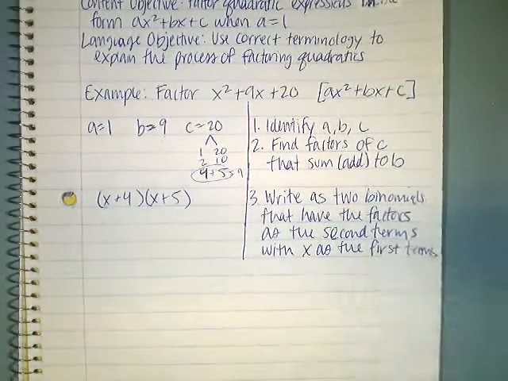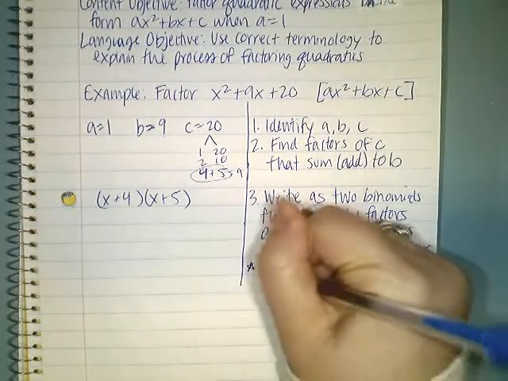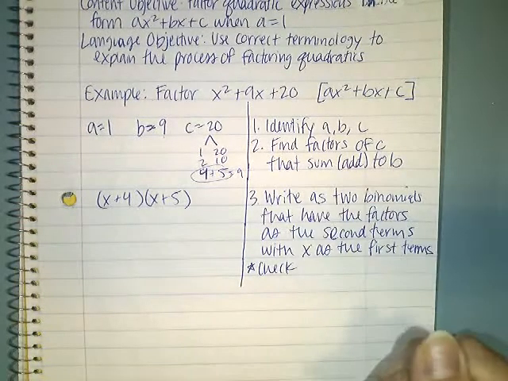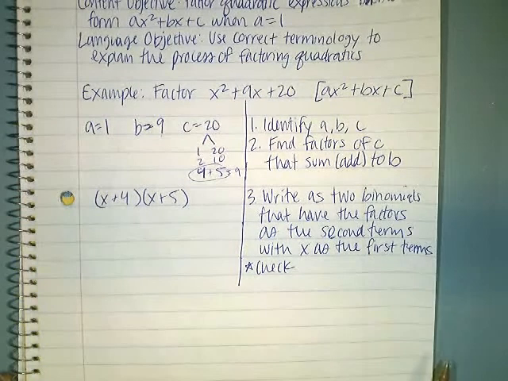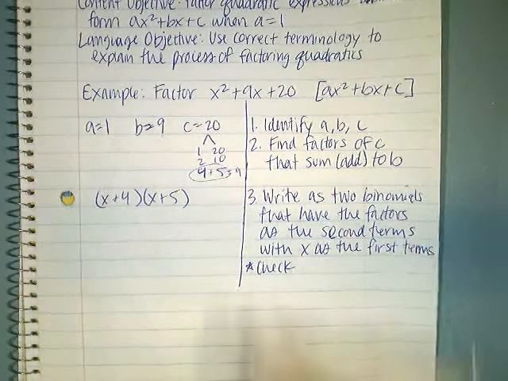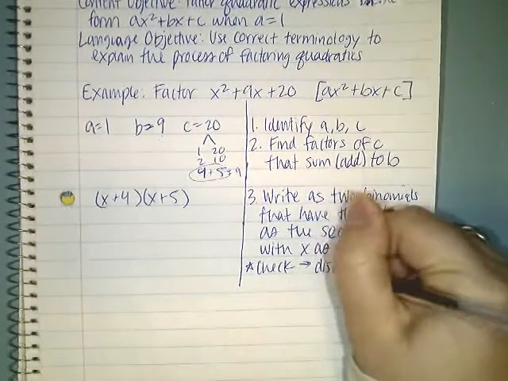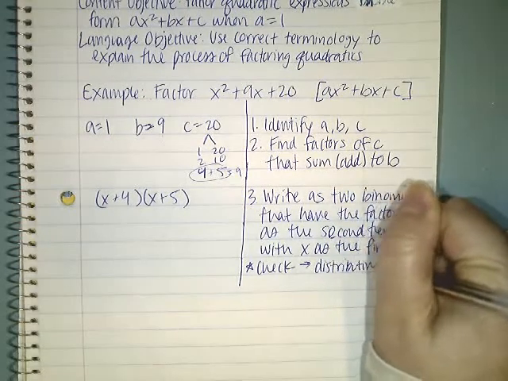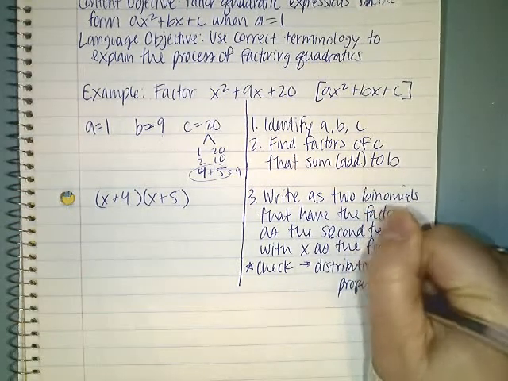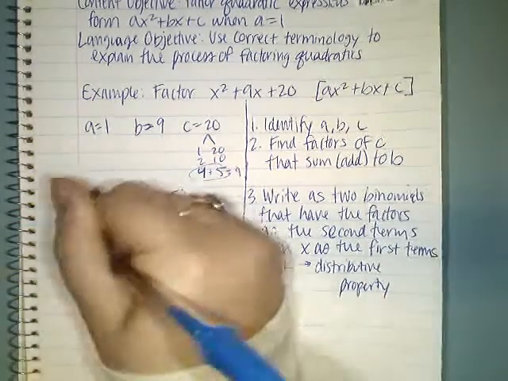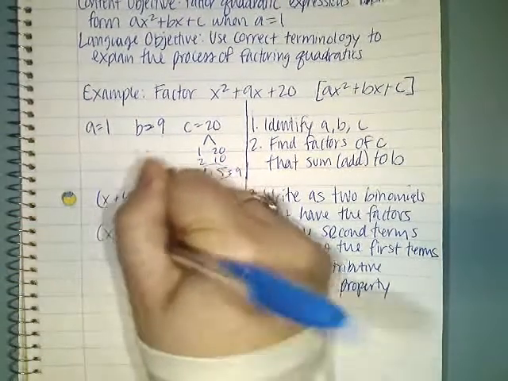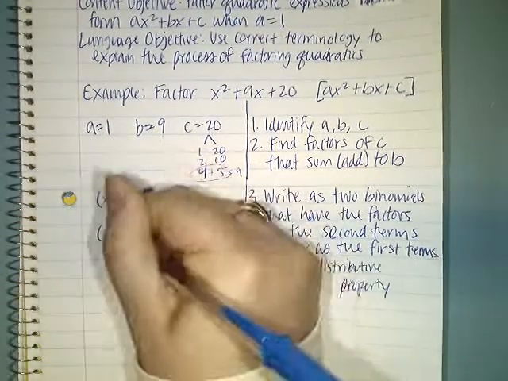So here, what I can do to check, if I'm not sure if I factored correctly, is do exactly what we practiced last time and use the distributive property. So I can take x plus 4 times x plus 5, and I'm going to FOIL.